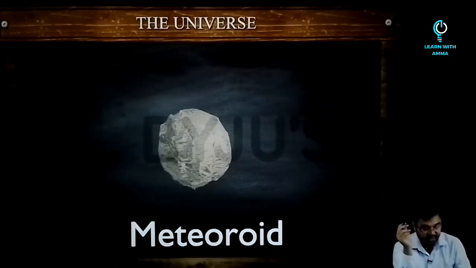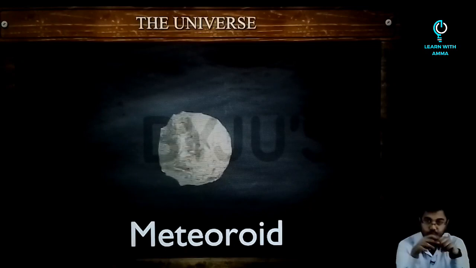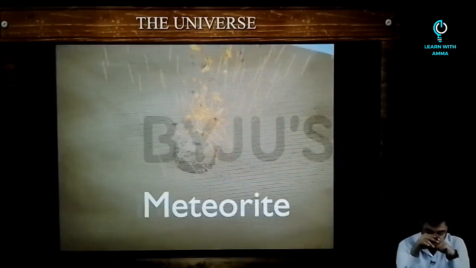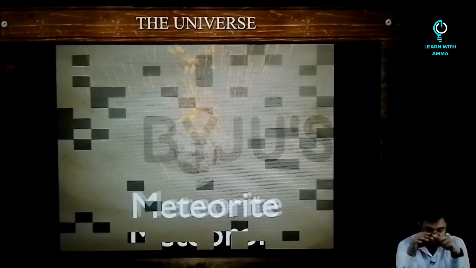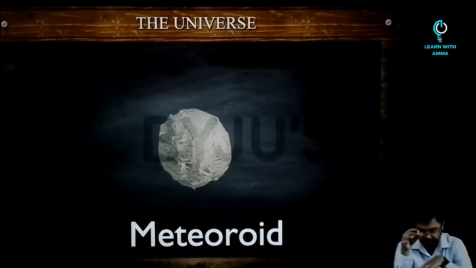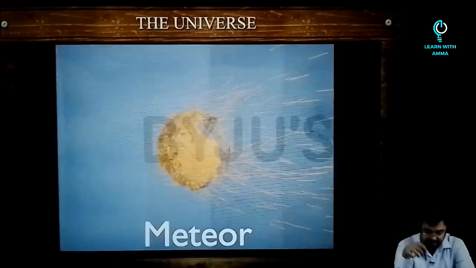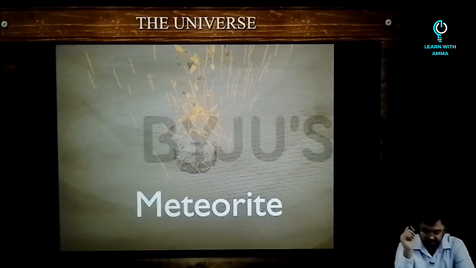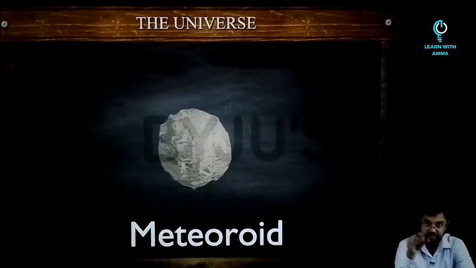If you look at this animation, it will give you a clearer picture. This transition shows you, in this particular diagram, this is a meteoroid. Then once it enters the atmosphere of the Earth, it becomes a meteor. And finally, if it falls on the surface of the Earth, it becomes a meteorite.